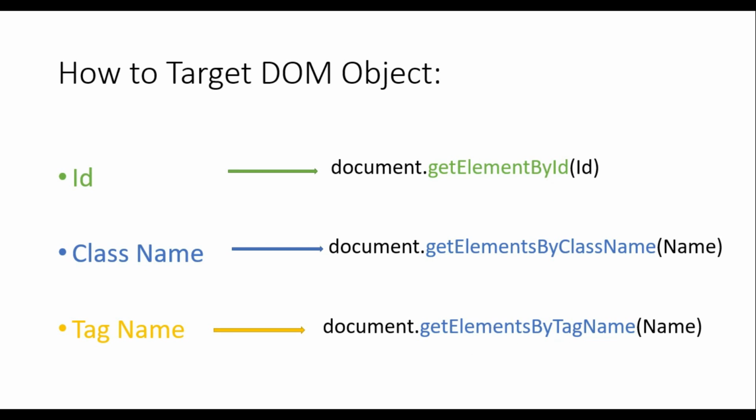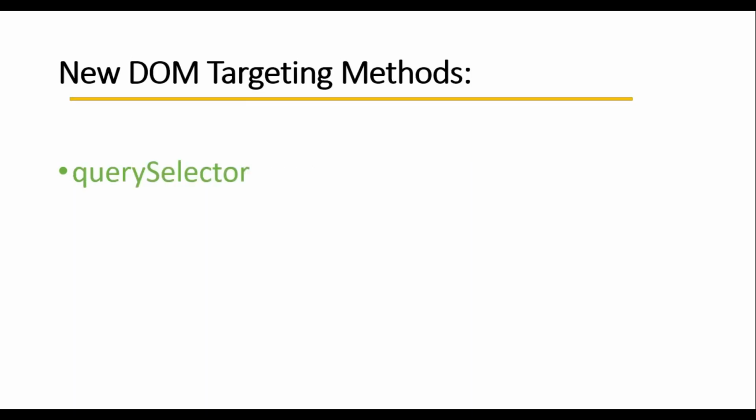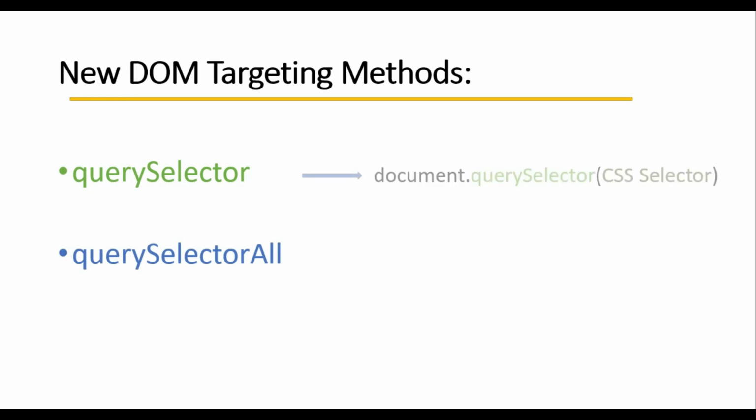So you may ask, is it possible to use only one method for all elements? For this we have two methods which are querySelector and querySelectorAll. For querySelector we use document.querySelector, and inside the parentheses we have double quotation marks, and inside the double quotation marks we are going to use a CSS selector.